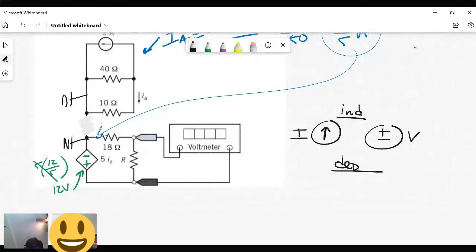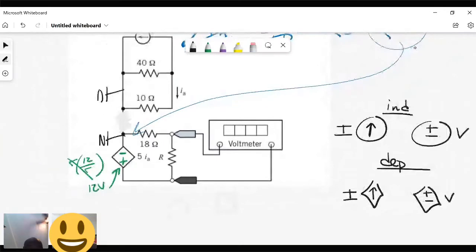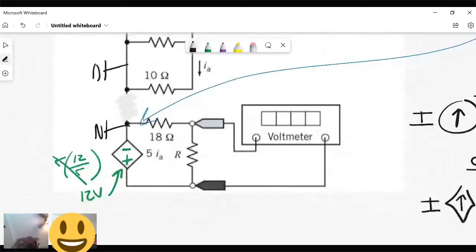Well, yeah, that one makes sense. When I say diamonds, I'm specifically only talking about dependent sources. Oh wait, both of them. Yeah, wow. Okay. They have dependent current sources. They have those. So that's the real thing. Just pay attention. If it has an arrow, it's a current source. If it has a plus and minus, it's a voltage. Exactly. That's all you got to look at.